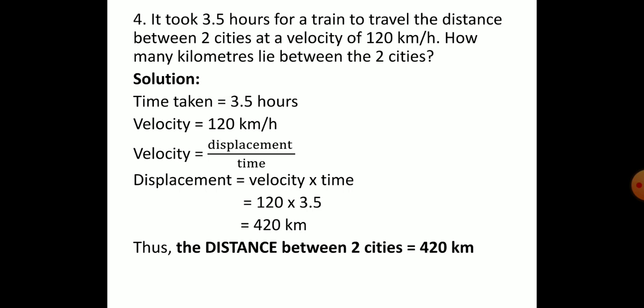From the rightmost end, I move one digit to the left. That means it will become 420.0. Since 0 is after the decimal point, we can take only the whole number, which is 420. So the distance between the two cities, or the kilometers between the two cities, will become 420 kilometers.